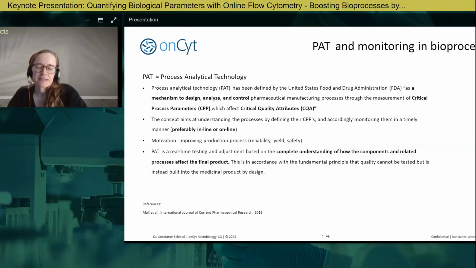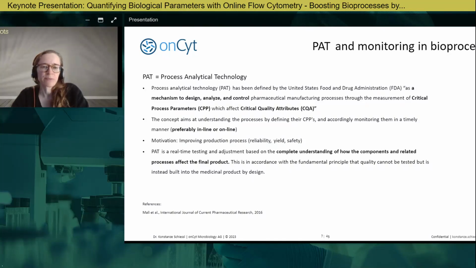So this is a bit theoretical and a little bit dry, this slide, but I think it has some important motivational information to understand why we care about tools like online flow cytometry or other sensors to monitor bioprocesses. So PAT, this thing called process analytical technology, it actually has been defined by the FDA.